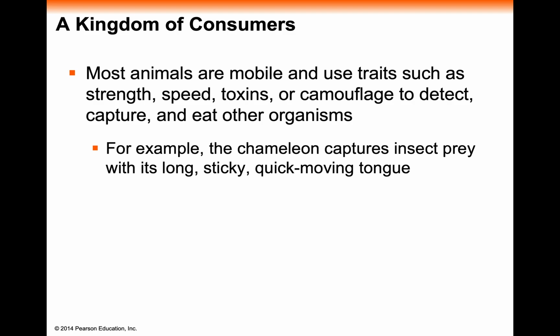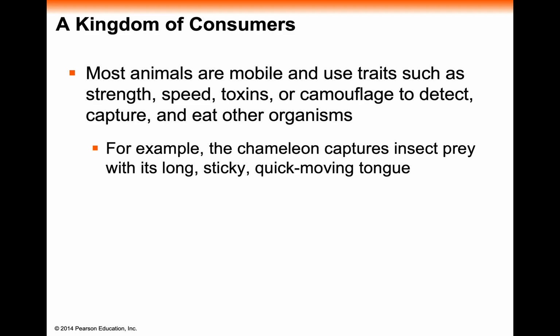So, for example, a chameleon captures insect prey with its long, sticky, quick moving tongue. Again, what are the adaptations you think of when you think of a chameleon? Probably one of them is that it blends in. It tries to avoid being eaten by other animals, but also it is trying to avoid being detected. And so that's kind of both ends of the camouflage there.